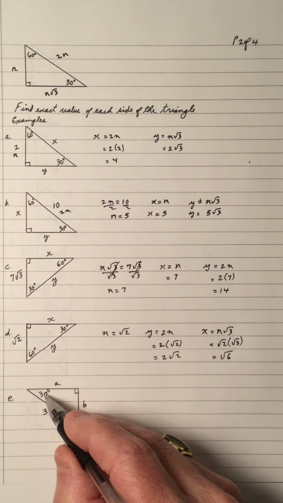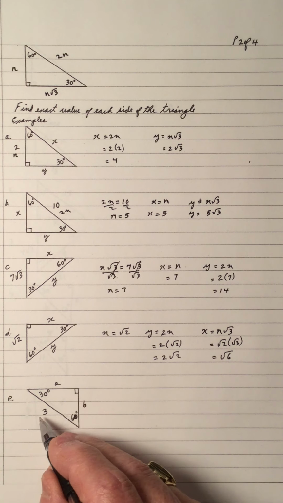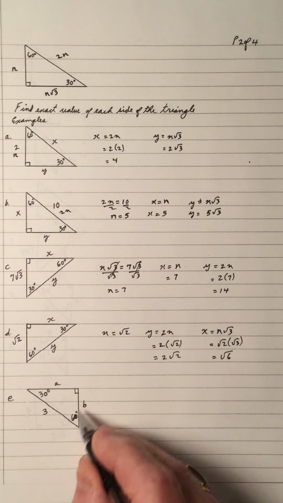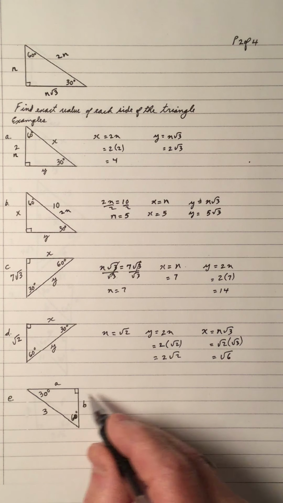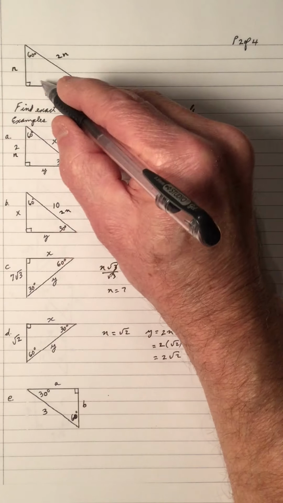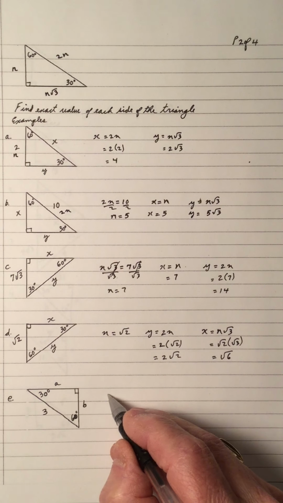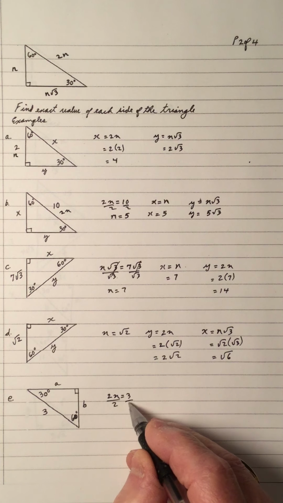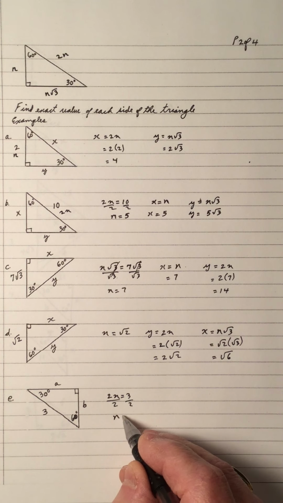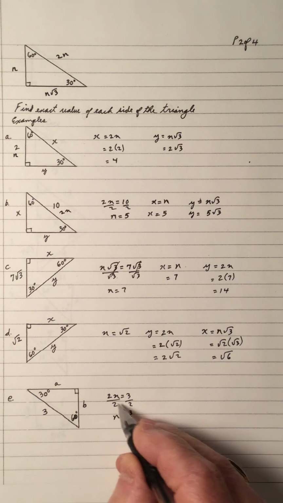E, I have 30, 60, 90 again, and I have 3 given. I've got to find A and B. So 3 is opposite to 90, which means 2n is equal to 3. That means n must be 3 over 2 when we divide.